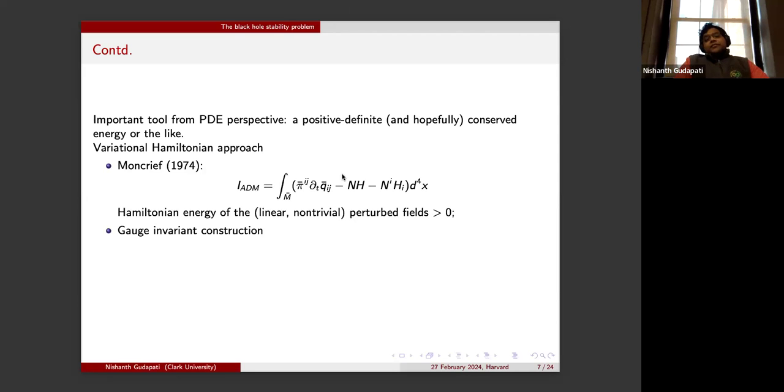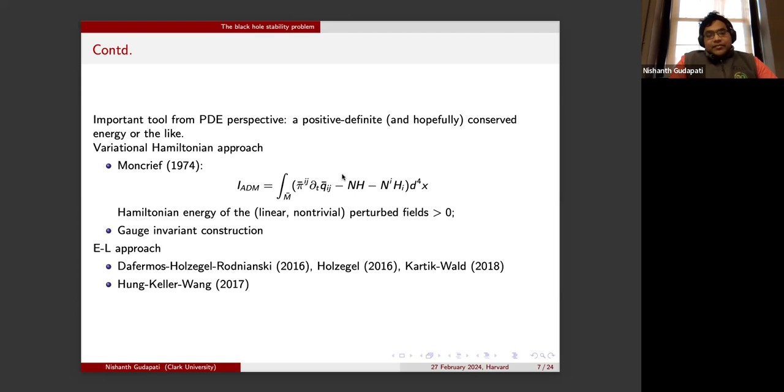So in that context, the first result that showed that there is a positive definite energy for the perturbations of Schwarzschild is due to Moncrief. As I said before, it came a little bit after the Regge-Wheeler-Zerilli results, and he showed that there exists a positive definite Hamiltonian energy for gravitational perturbations of the Schwarzschild spacetime using the tensor harmonics decomposition.